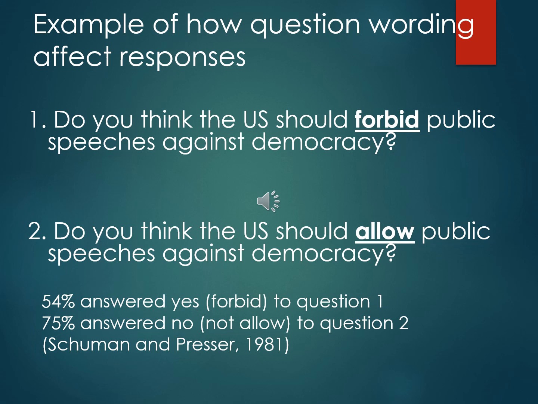This means 54% should answer no to the second question because it's an opposite. However, the data shows it's actually 75% answered no to question number 2. So this shows actually allow is not the exact opposite of forbid.